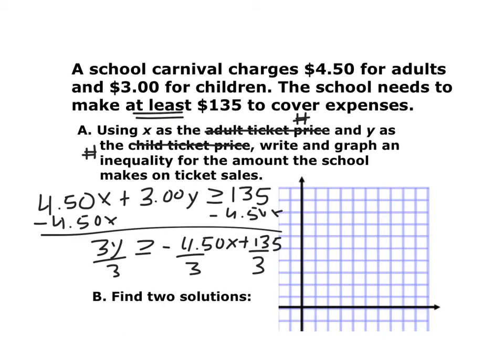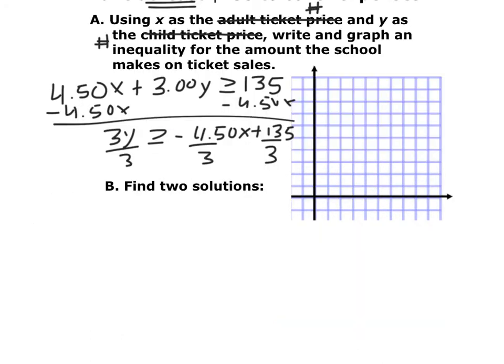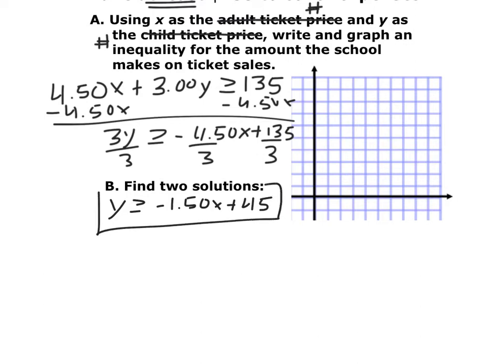We're going to have an answer of y is greater than or equal to negative 4.5 divided by 3, which is negative 1.5x, plus 135 divided by 3, which is 45. Okay? So our job now is to graph that. That is the equation we need to graph. And so the y-intercept is 45 and the slope is negative 1.5.